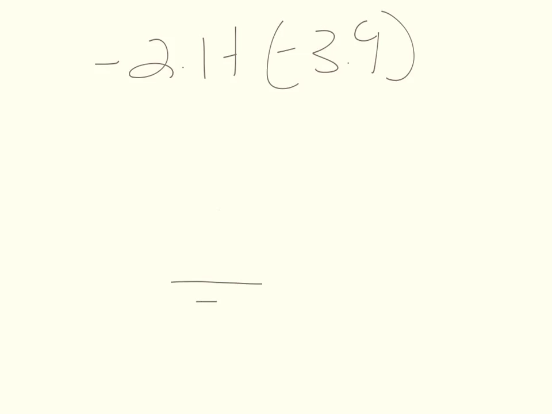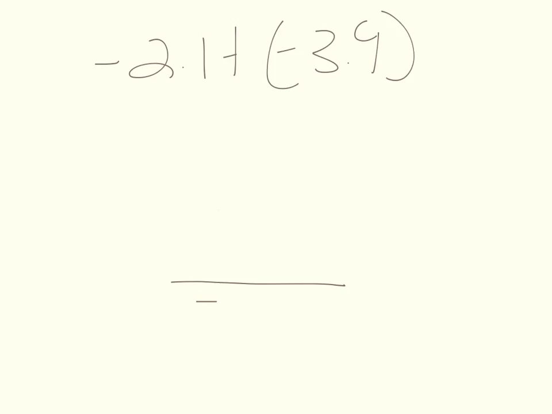Let's now look at a problem dealing with a rational number. In this problem, we're going to have a -2.1 plus a -3.9. Because we see that both numbers are negative, we know our answer will also be negative.